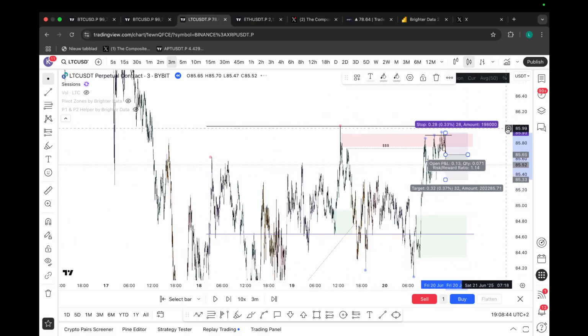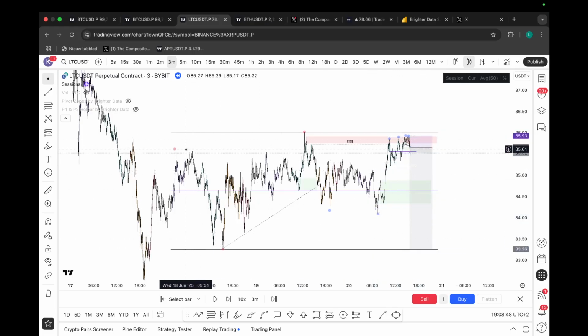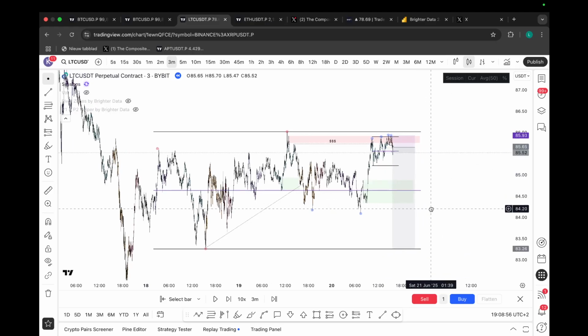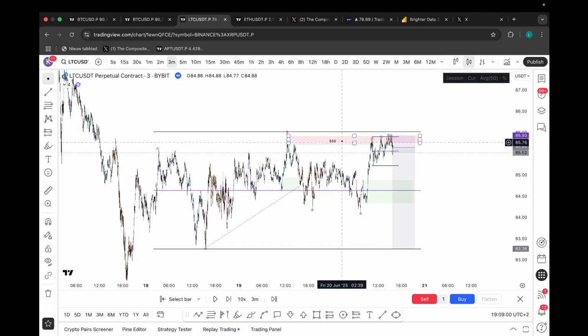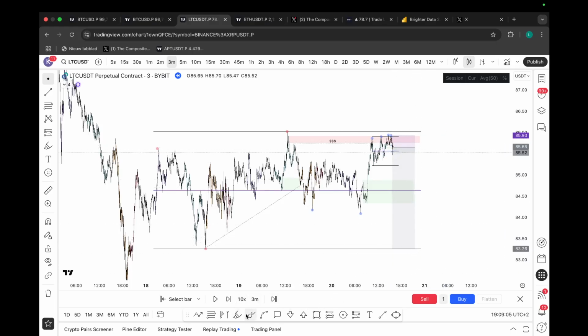Because now what you can see is that you actually have a proper topping structure created for the third tap individually, which is the strength needed in order to get the expansion towards the downside. Because the moment we get this and we get the confirmation for the higher time frame model as well by breaking that market structure low, now we can say that the purpose of this accumulation was simply to deliver the higher time frame third tap of the distribution.